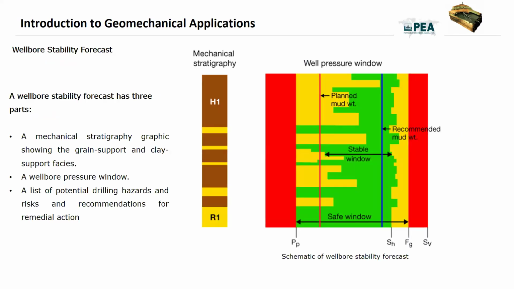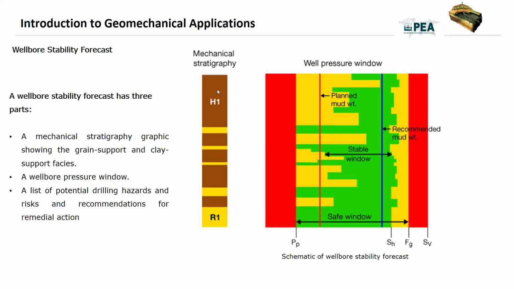So the wellbore stability forecast has three important parts. As we have talked before in the mechanical earth modeling, the most important thing is the mechanical stratigraphy. So we have to start talking about the stratigraphy, or lithology, the vertical variation of the lithology.